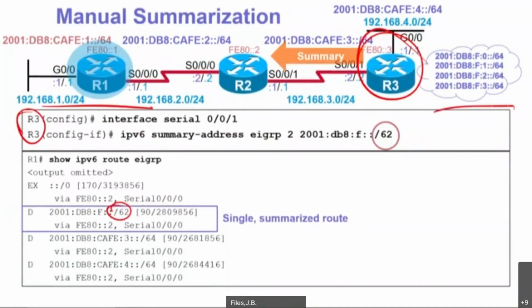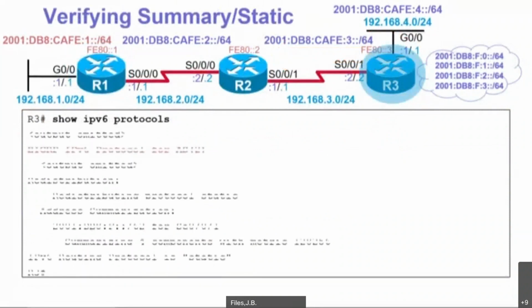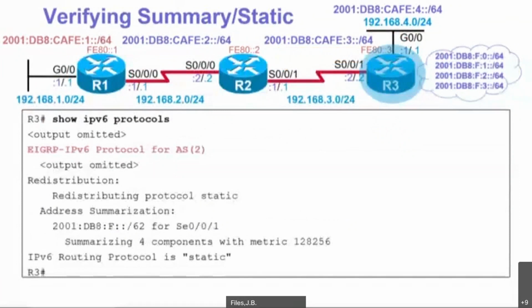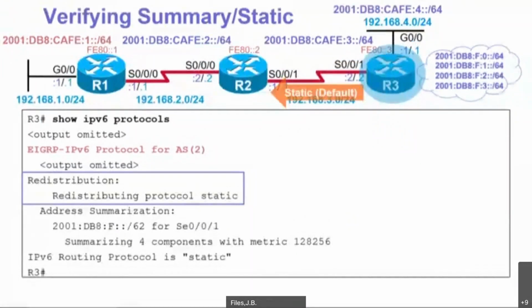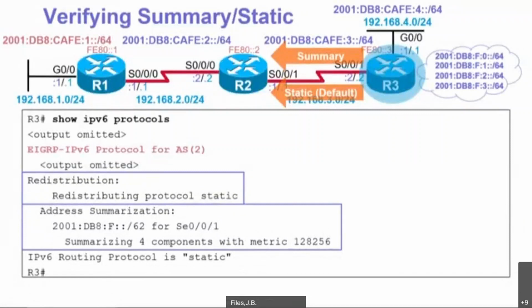There's that /62, 2001:DB8:F0. Okay. On R3, do a show ipv6 protocols. We can see that we are doing redistribution of static routing so that we have that default route that's going to get advertised. We can see we have that summary route of those four networks also.